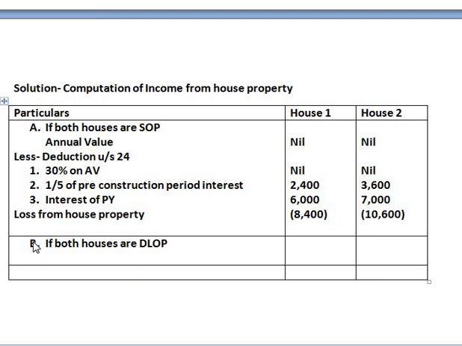First we take municipal value. What is the municipal value given in the sum? It is 36,000 and 45,000. 36,000 for house property 1 and 45,000 for house property 2.